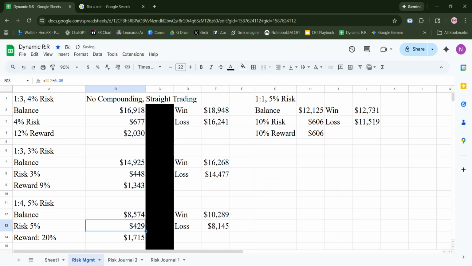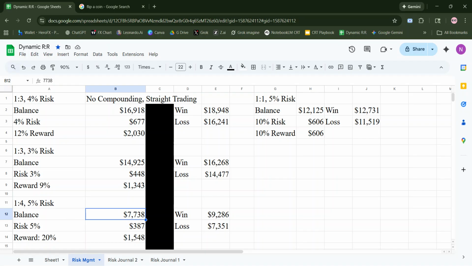That's 3. That's 4. And that's 5. You'd be down 7 grand. I'm taking 5 trades in a row, risking 5%. So that's like 20% of your account. You're losing 5% per time. 5, 10, 15, 20.